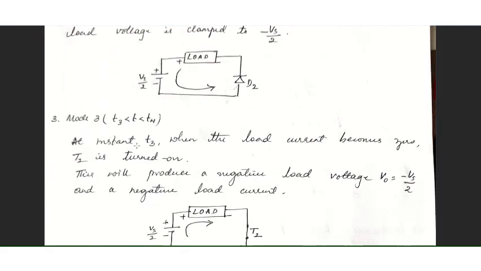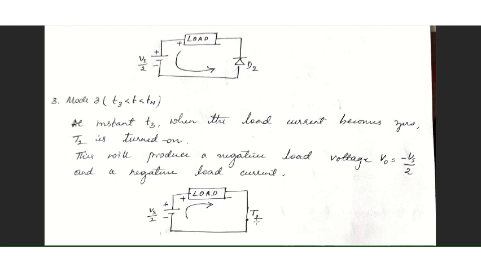Next, between T3 and T4, after the current that is stored here is already dissipated via D2, now if you turn on T2, the next switch, we know that when T2 is conducting, the output at the load will be minus Vs by 2, right?